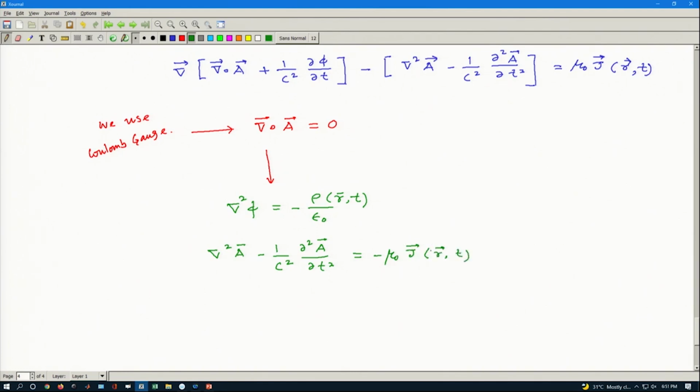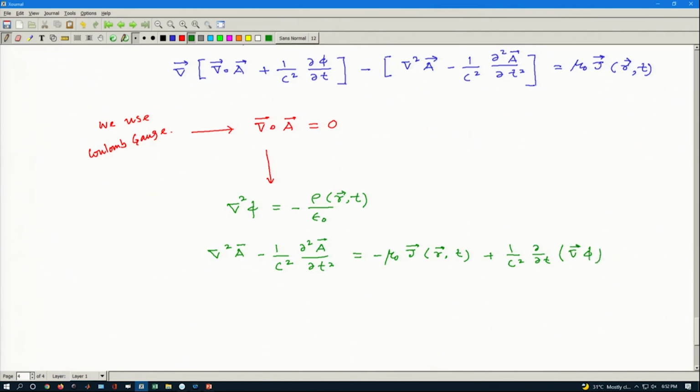This source has to be given because it is a known quantity; without that we can't calculate the magnetic or electric field. Then we had a term plus 1 by c square del t gradient of phi.